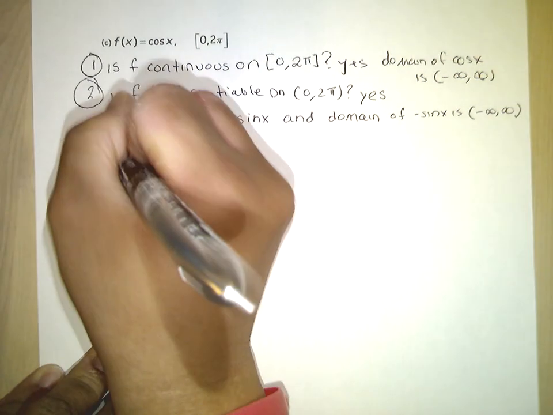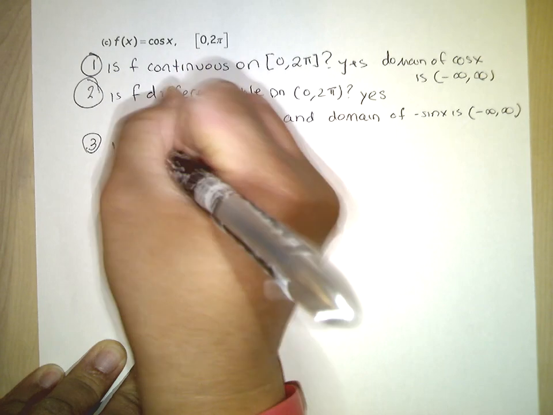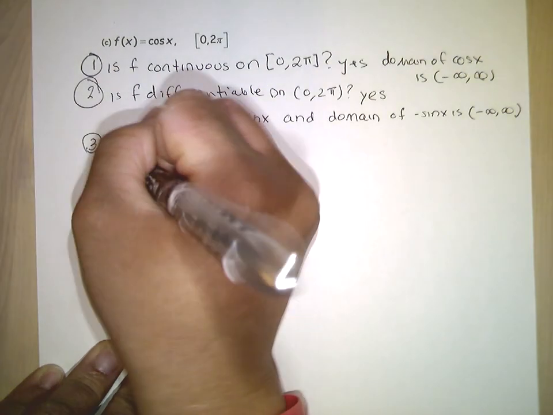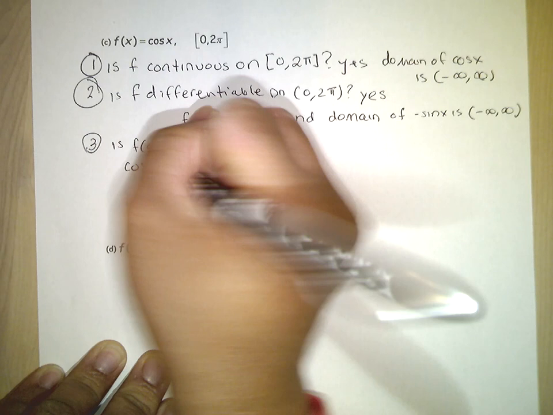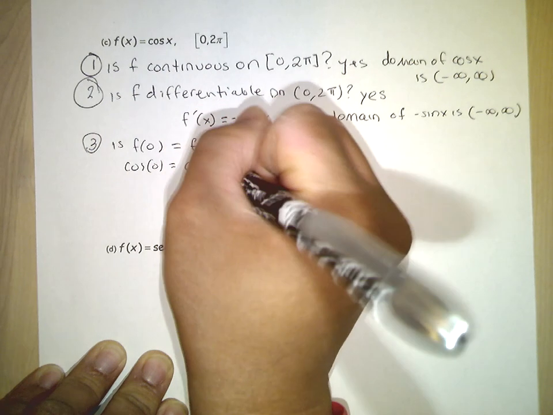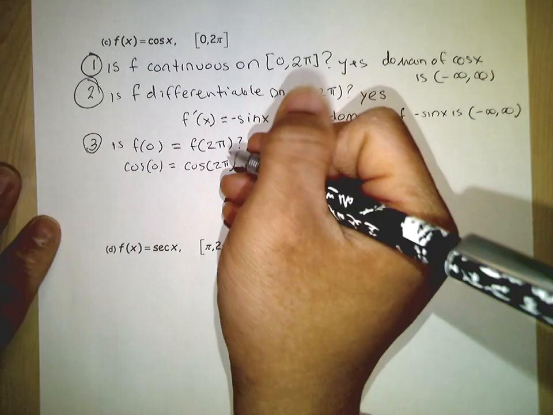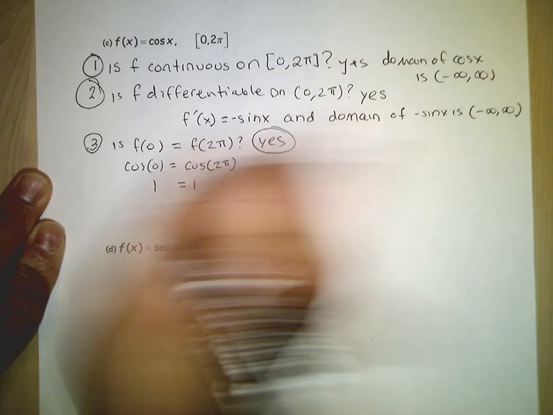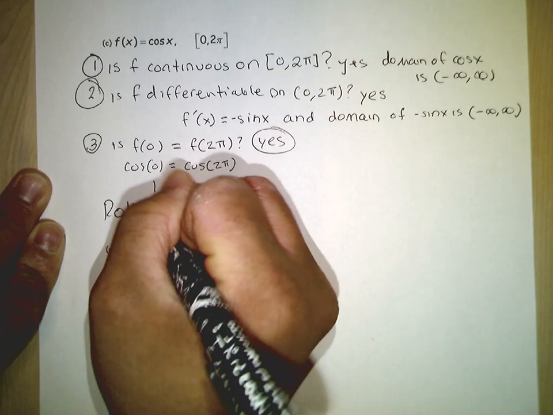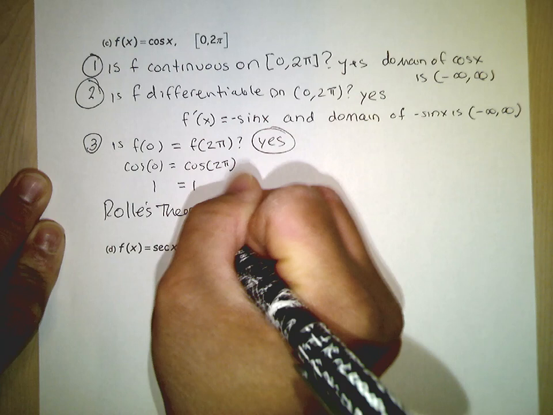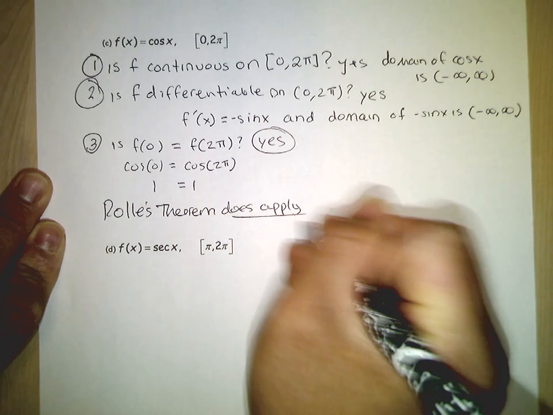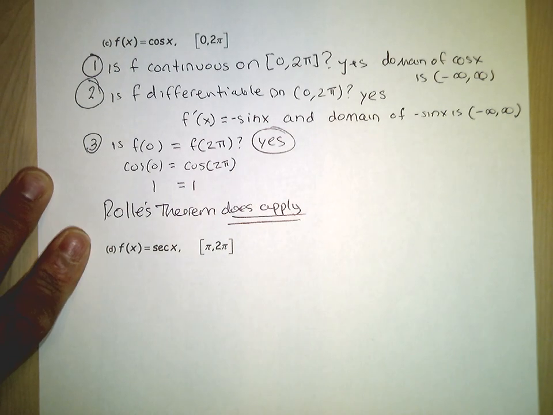And 3, is f of 0 equal to f of 2 pi, or does cosine of 0 equal cosine of 2 pi? Well, yes, these are both equal to 1. So therefore, Rolle's theorem does apply.